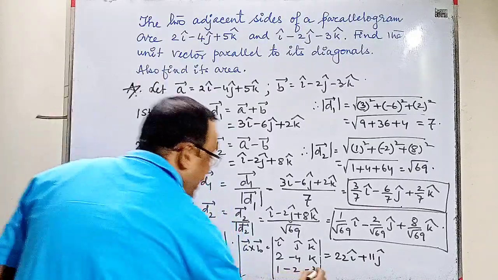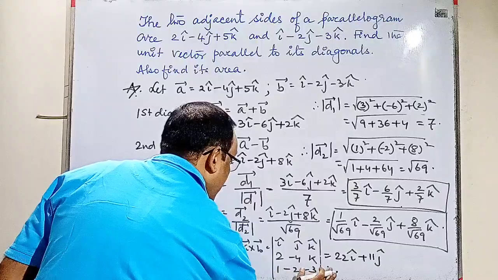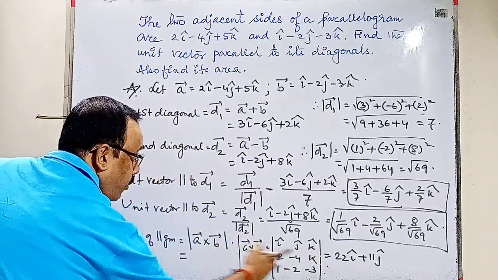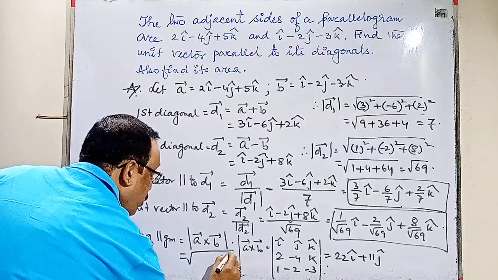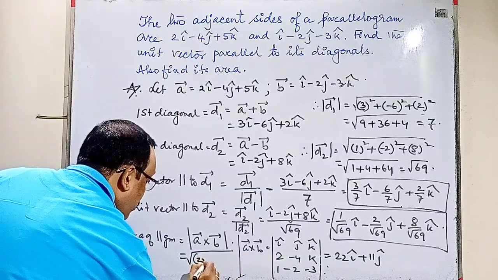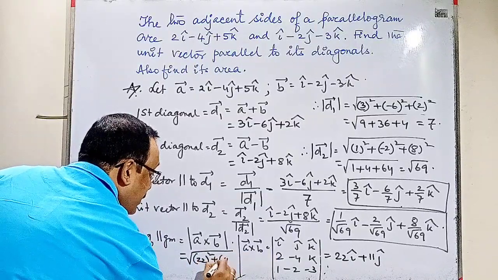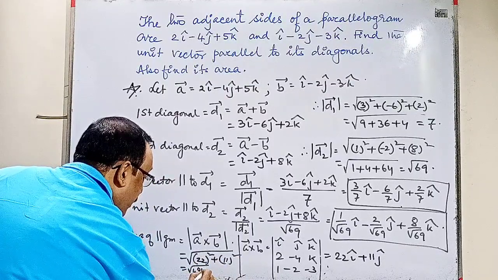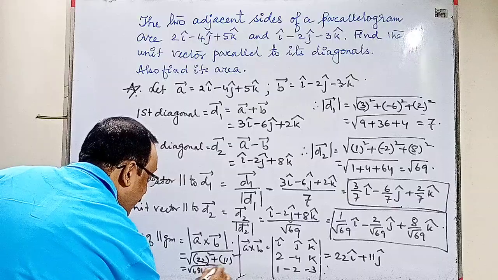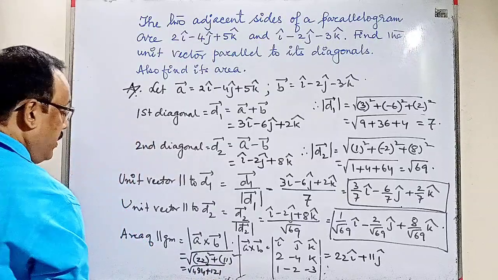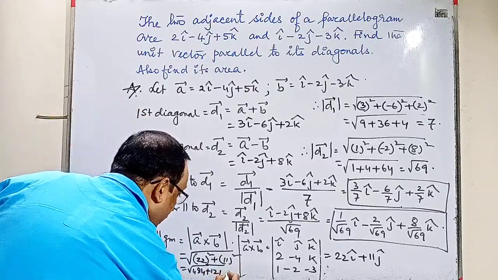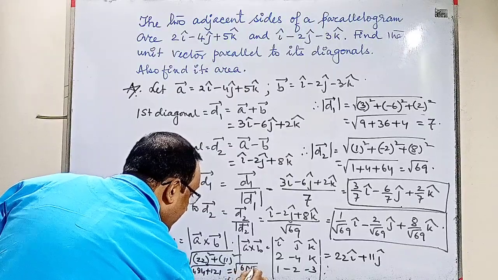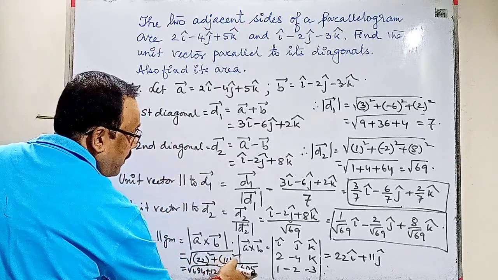If I find the modulus of this vector, it will give me root over the sum of squares: 22 squared plus 11 squared. 22 squared is 484, plus 121, 605. So root over 605. 605 I can write as 121 into 5.